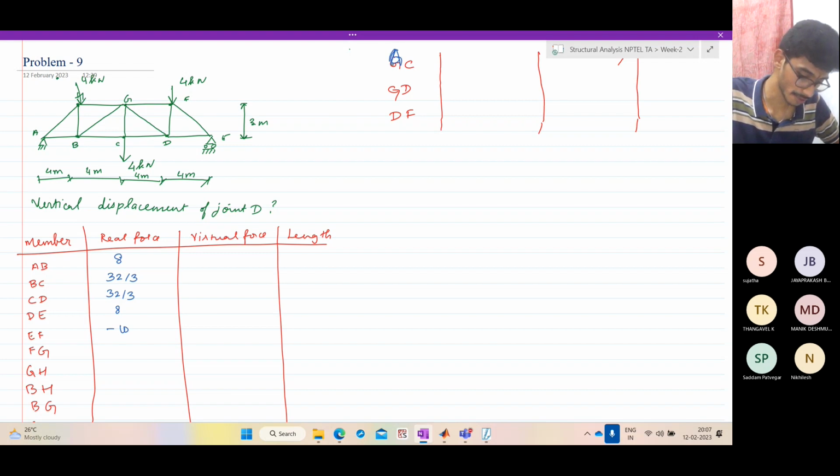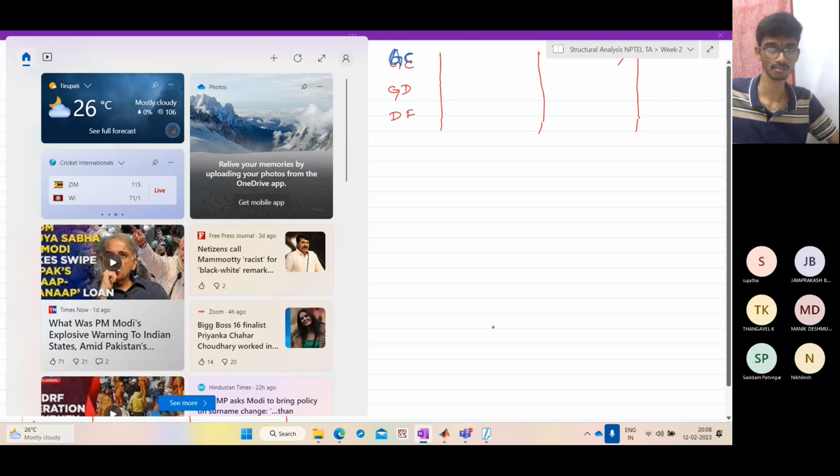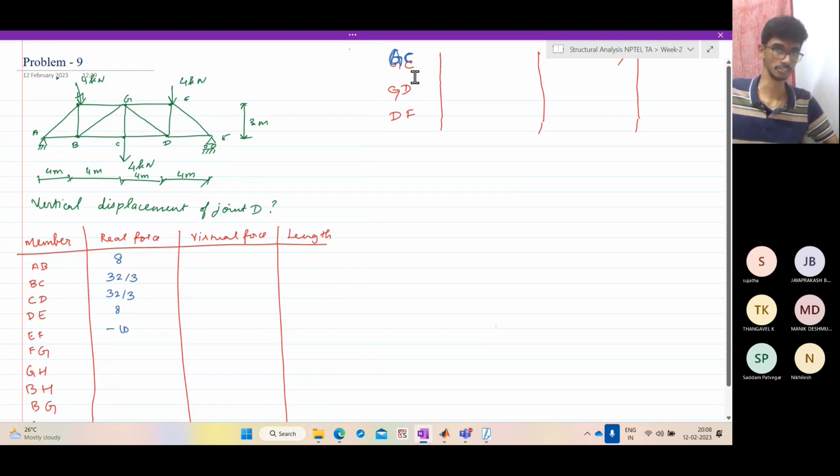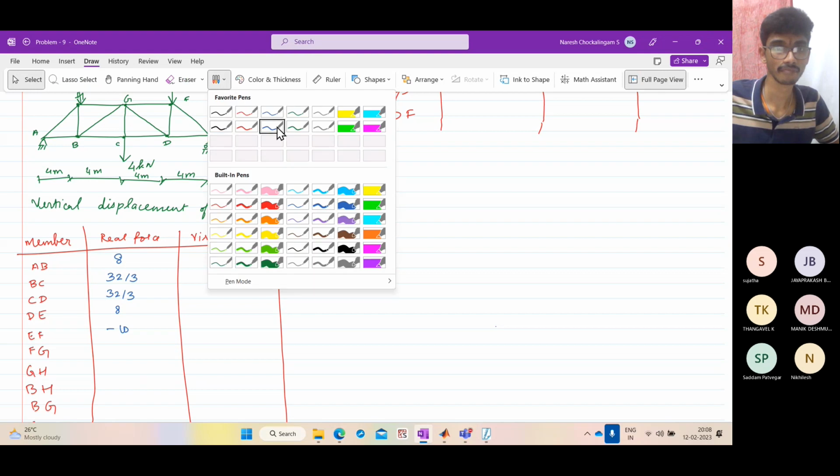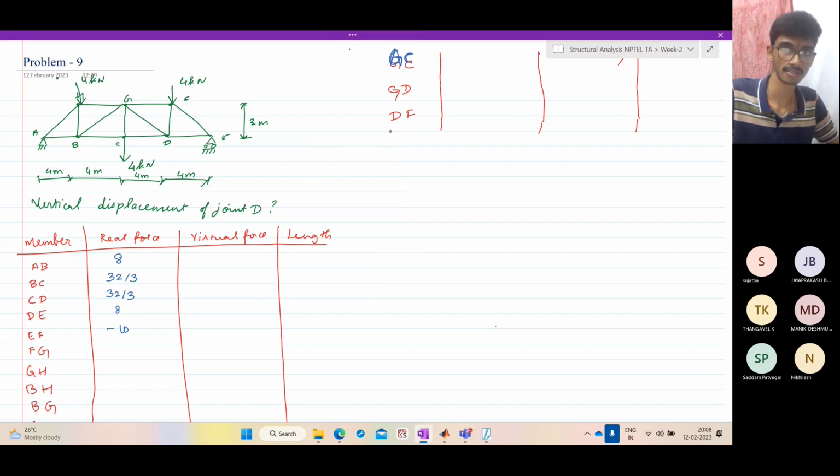Oh, no, fine, this is GC. 1, 2, 3, 4, 5. FAH is missing. So the last one is AH. So EF is the same as AH, which is minus 10.